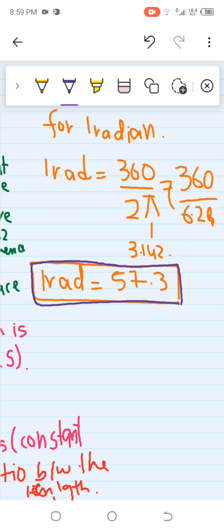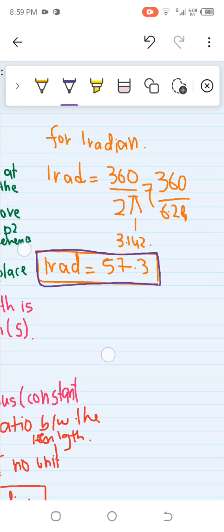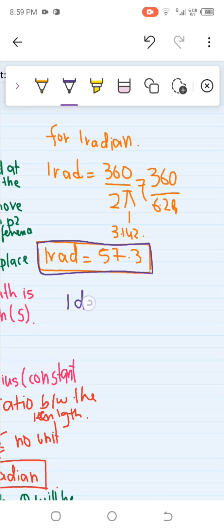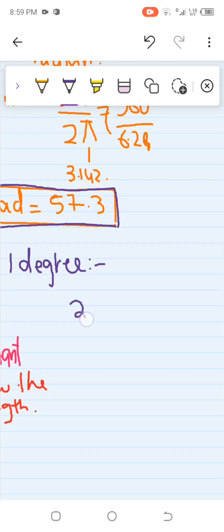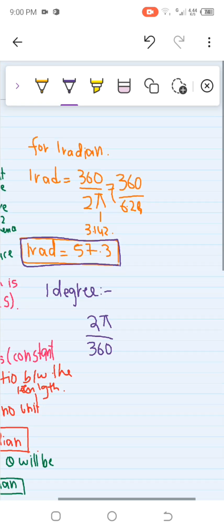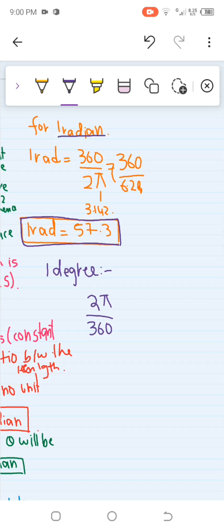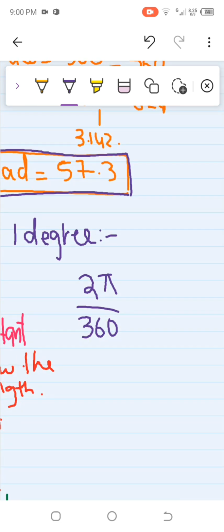Okay, so if we have to find, for example, 1 degree, then for this degree we will have 2 pi divided by 360. It is basically the opposite, up and down: for finding 1 radian we had 360 divided by 2 pi, but for finding the degree we have 2 pi divided by 360.